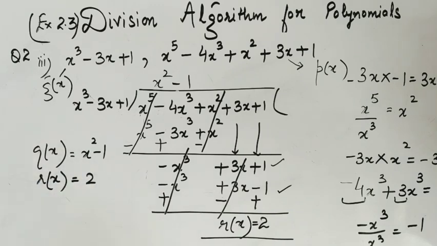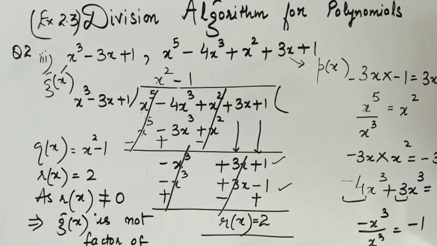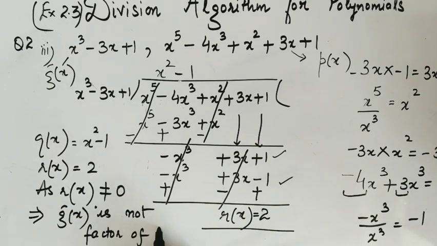And kids, if you remember last year in the factor theorem, we did the same thing. As the remainder is not equal to 0, because the remainder should have been 0, but over here it's not 0, that implies g(x) is not a factor of p(x).